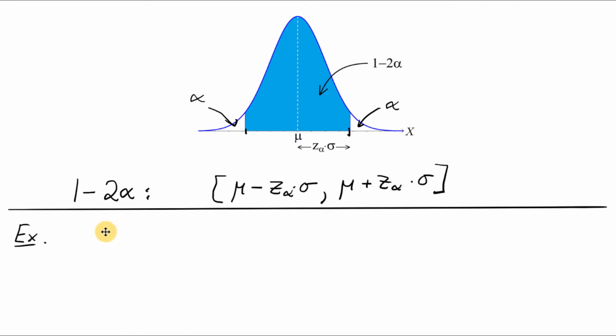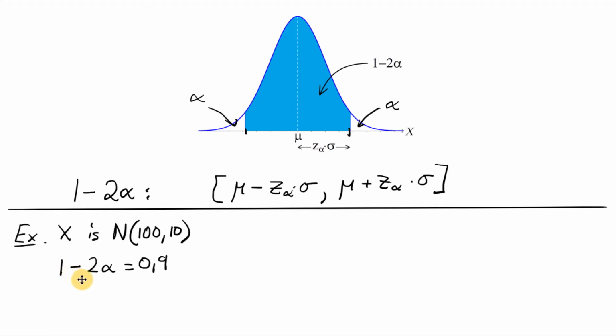So if we take an example, if x is normally distributed with the expectation value of 100 and standard deviation of 10, let's say we want to determine an interval around the middle point 100, that x will end up in with 90% probability. So that means that 1 minus 2 alpha should be equal to 90% or 0.9.